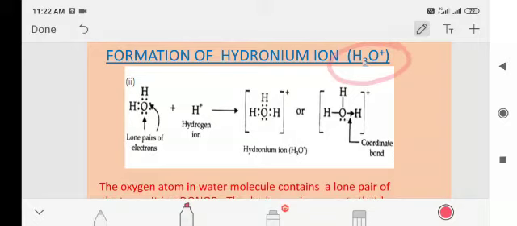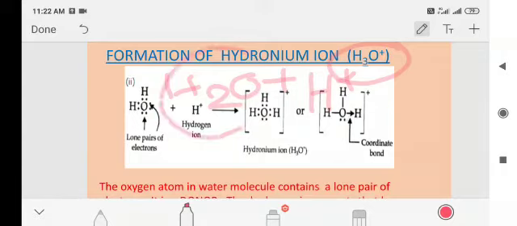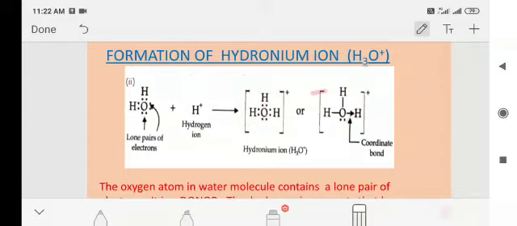This hydronium ion is obtained by combining a water molecule with an H+ ion. The hydronium ion contains 3 hydrogen atoms and 1 oxygen atom, and it can be obtained by the combination of water and H+. Now let us see how it happens.